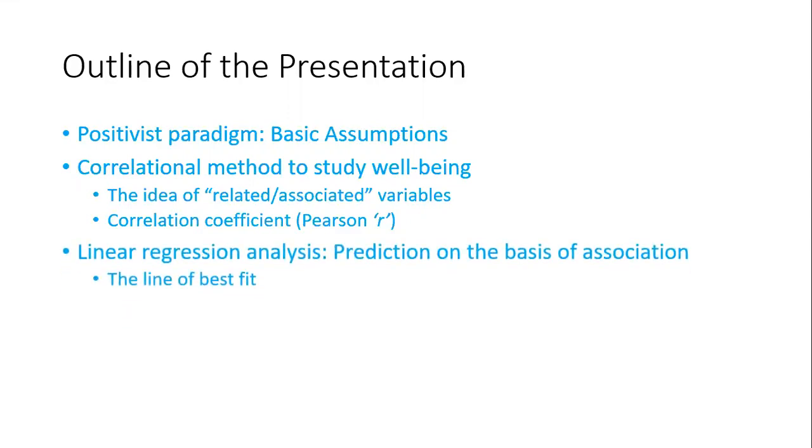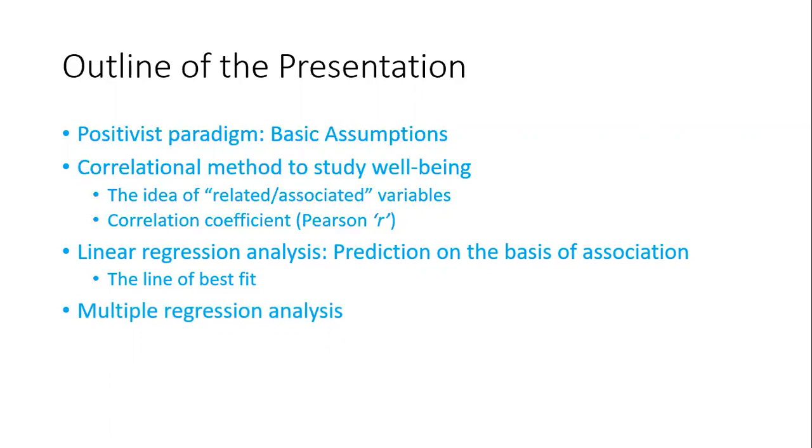Then we'll look at another aspect of the correlational method, broadly speaking. The correlational method also includes linear regression analysis that helps us understand prediction on the basis of association between different variables with the help of the prediction line or the line of best fit.